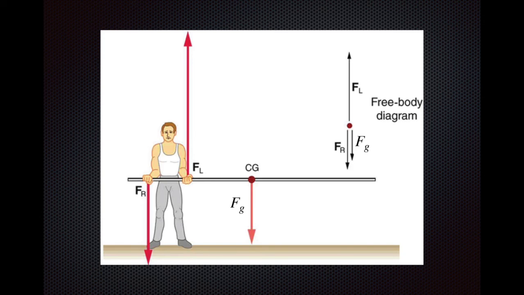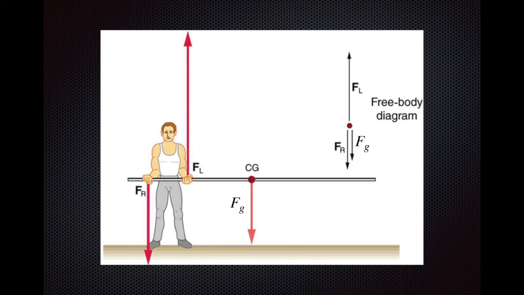So the right hand needs to push down with a force that's even bigger than the force of gravity, because it's closer to the pivot point, which is now where the left hand is. So the right hand has to push down with a force that's bigger than the force of gravity on the pole to balance out the torque.